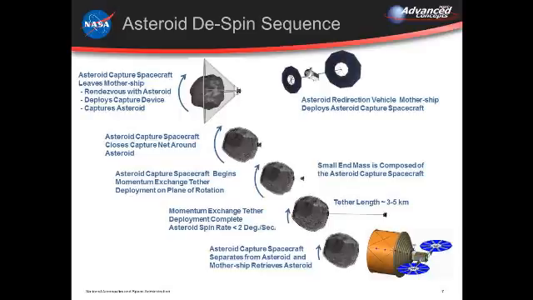Then the small spacecraft that got the net to the asteroid becomes your end mass. You let that come off with a deployer, and then slow the spin rate. When you get to an acceptable low spin rate, you can separate the tether and the small craft, and then the mothership can do the rest.